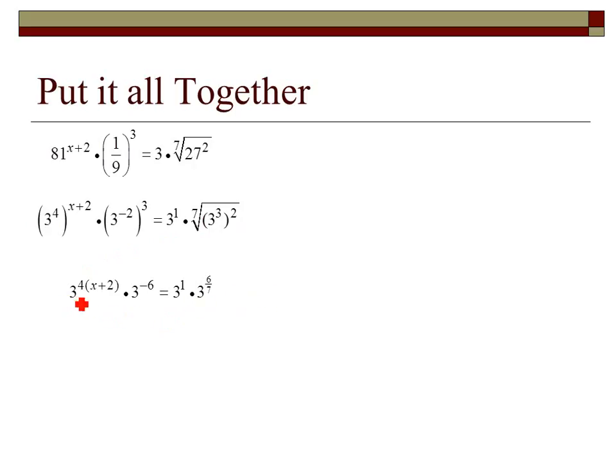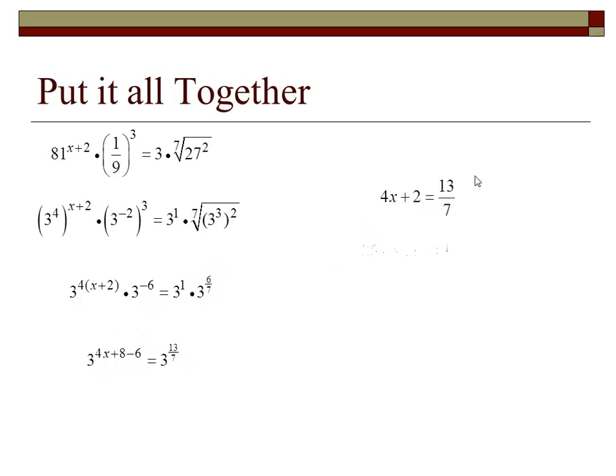So I get 3 to the 4x plus 8 minus 6. This one, 3 to the first, I get 1 plus 6/7. What? 7/7 plus 6/7, that's 13/7. So I got 4x plus 8 minus 6, and now it's going to equal 13/7. So that's 4x plus 2 equals 13/7.